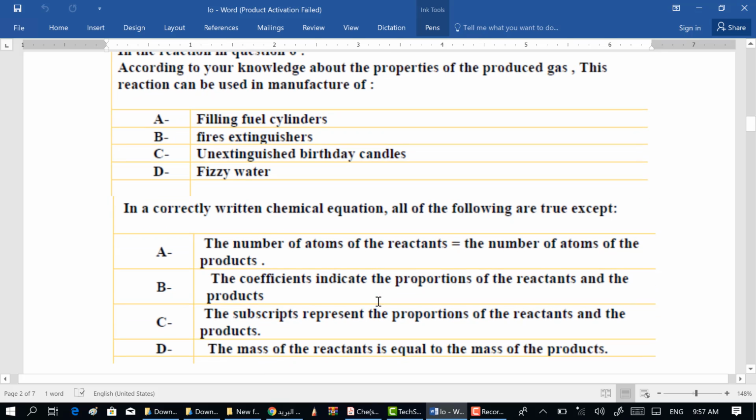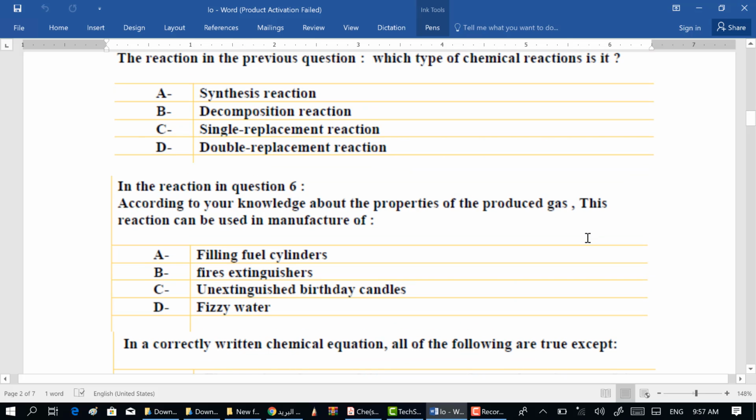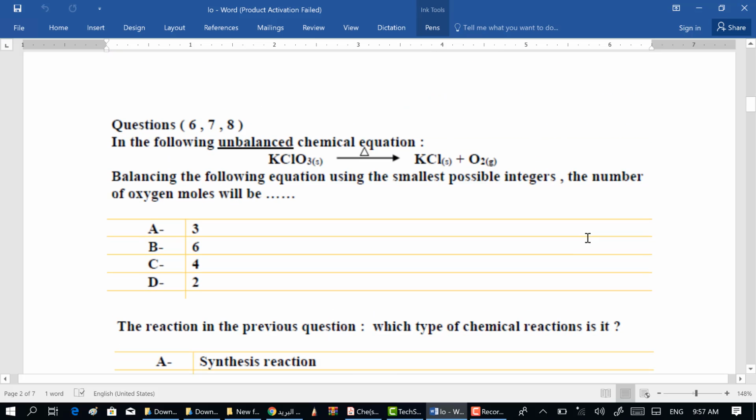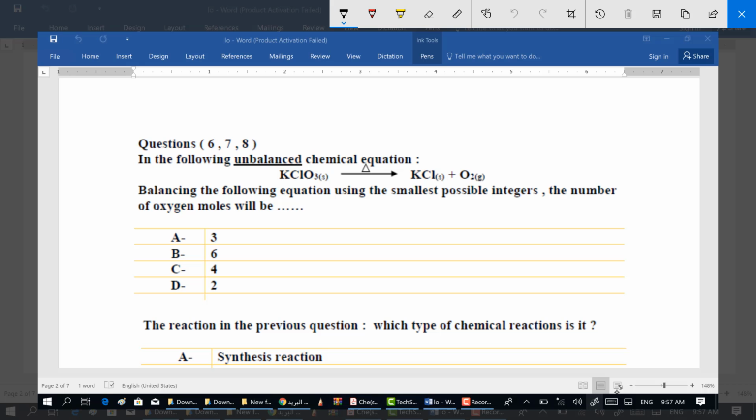In a correctly written chemical equation, all the following are true except. Firstly, the number of atoms of the reactants equals the number of atoms of the products, according to the law of conservation of mass. Number 2, the coefficients indicate the proportion of the reactants and products are the same. Coefficients like this, the balancing of the equation, 2 for KCl. Before balancing this equation, 2 KCl and 2 KCl and 3.